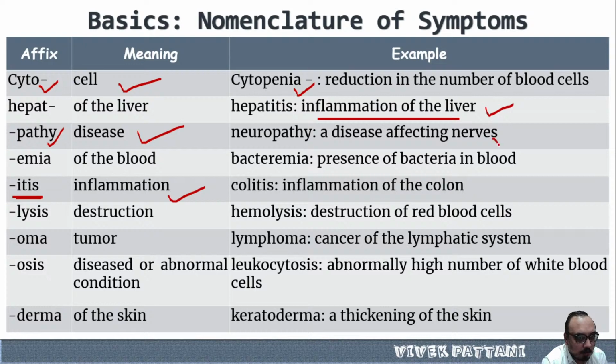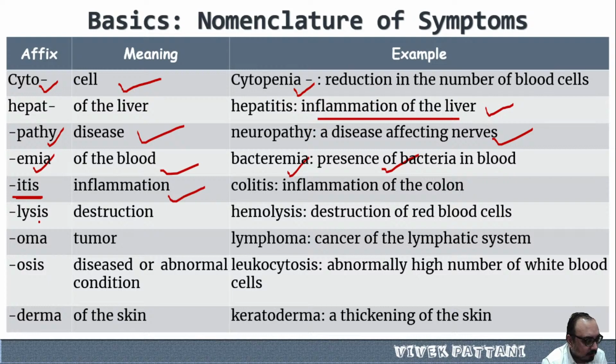For example, neuropathy means a disease affecting the nerves. The next affix is emia, which indicates of the blood. Bacteremia means the presence of bacteria in the blood.